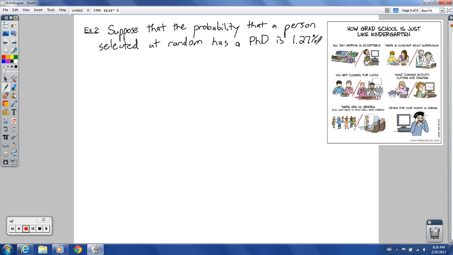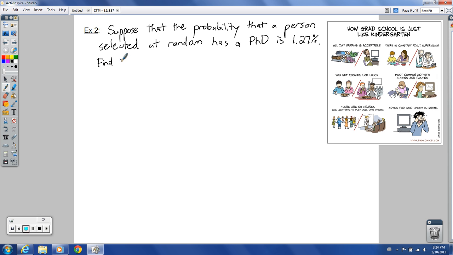I actually did look at some US Census data, and it was supposedly a little bit above 1%, so I'm just going to go with 1.27%. So not a very good chance. Roughly a little over 1 in 100 people would have a PhD.